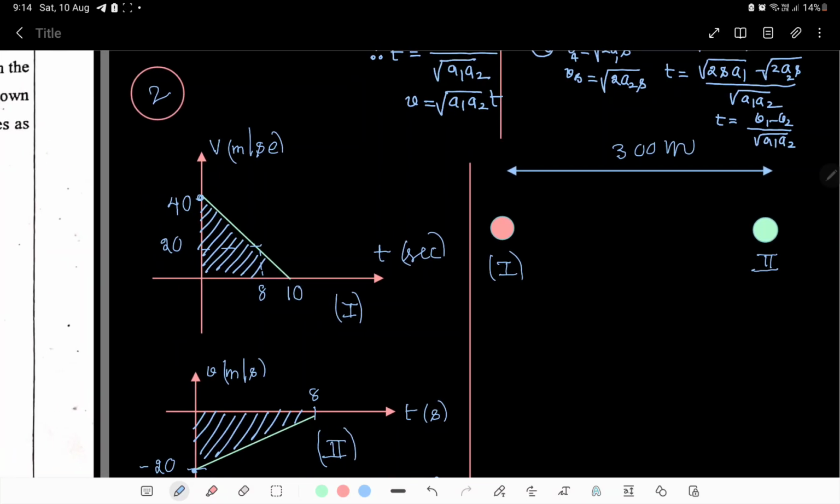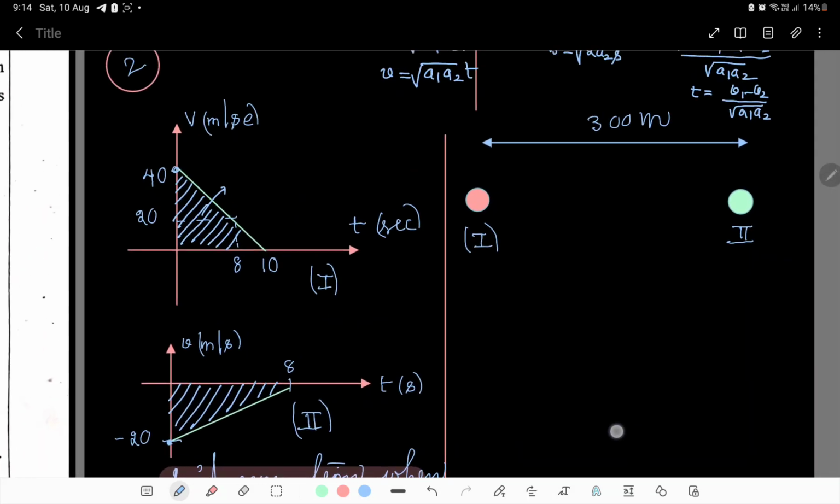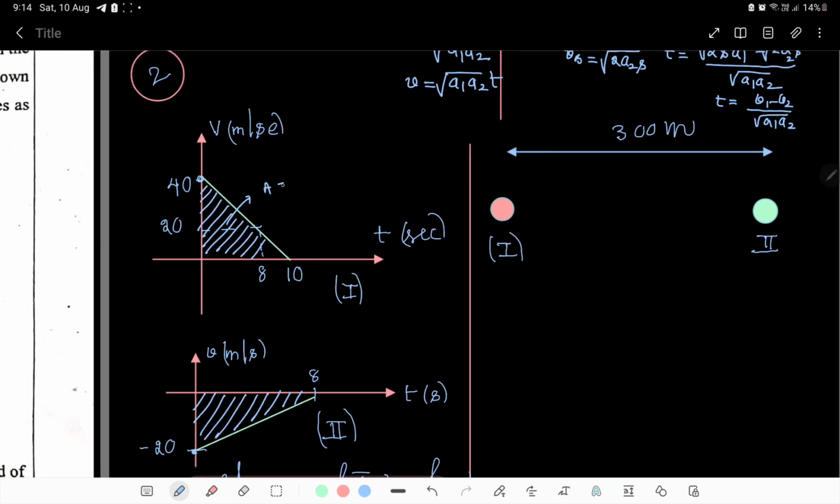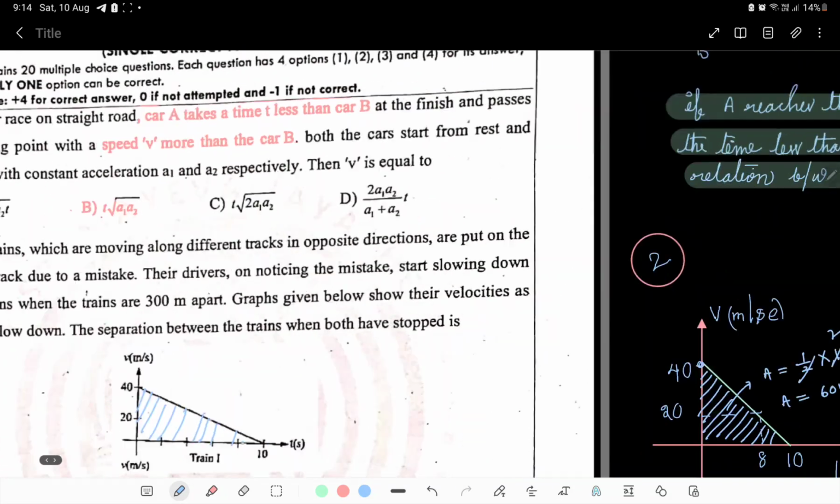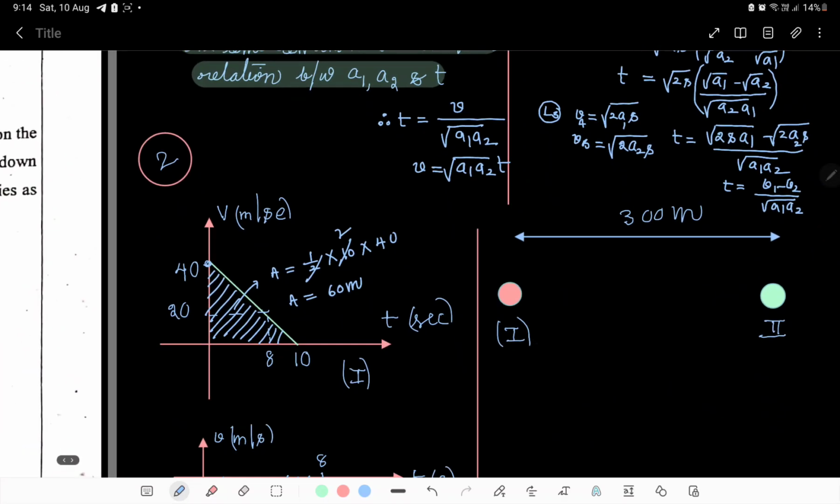So initially there is a 300 meter separation between train 1 and train 2. If you find this area, what will that area become? So this area is equal to half into base. The base is 10, into height, 40. Cancelled out, I have a 2, therefore this area will be equal to 80, right? My mistake, that will be equal to 80 meters.